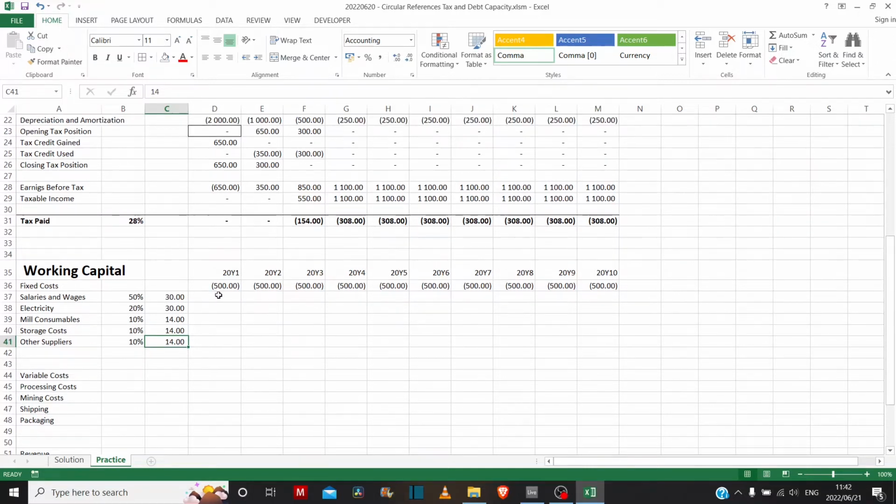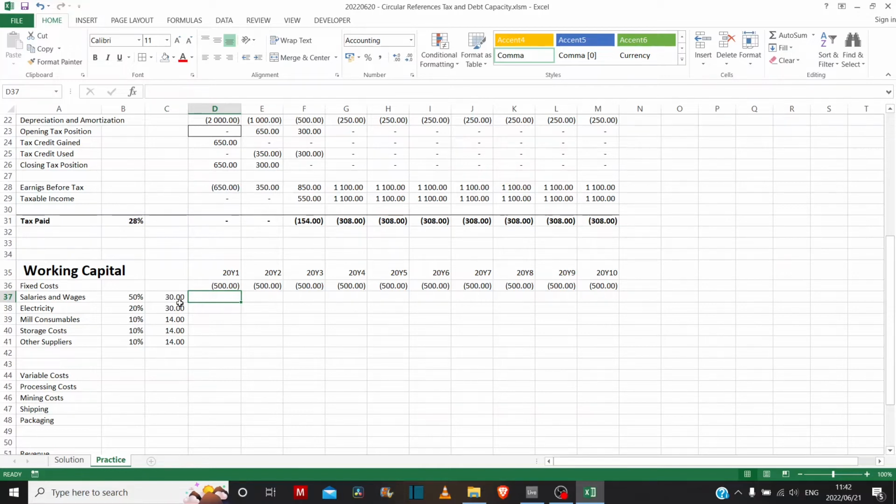Looking at that, we can say that out of the total fixed costs in 1 year, which is $500 million, on average, the business is sitting on cash for 30 days before having to pay its employees. So we can calculate how much cash is in the business during any one given point of this year.